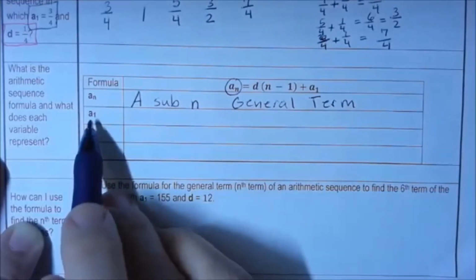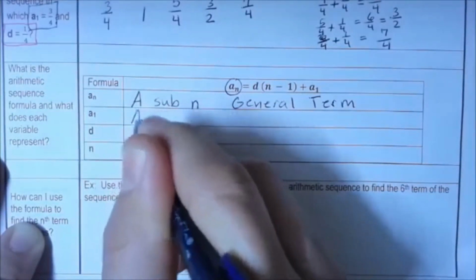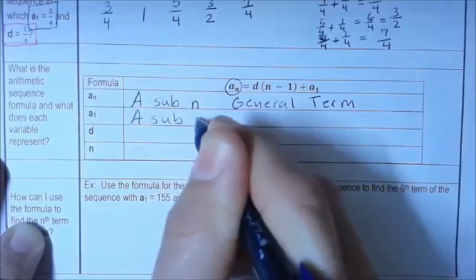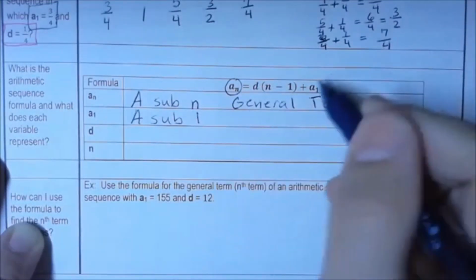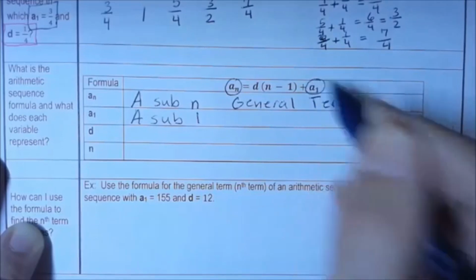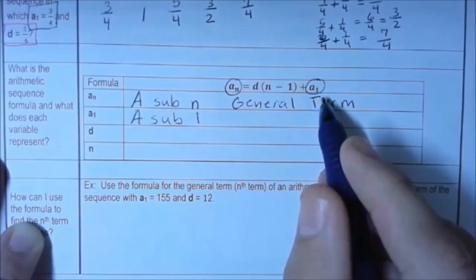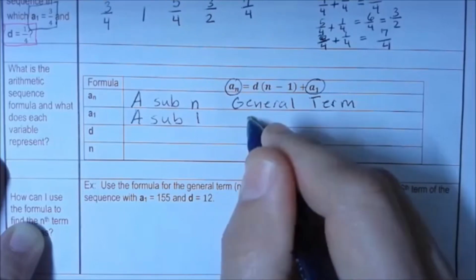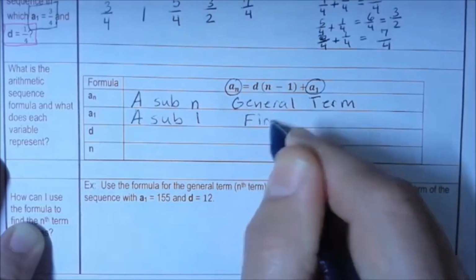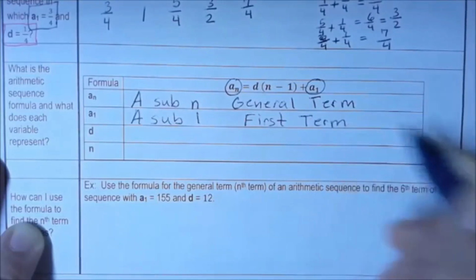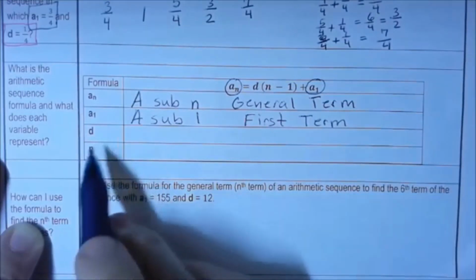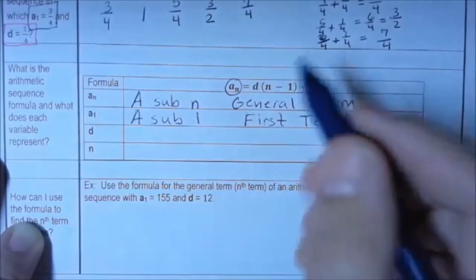Now this other one, the way we say this is a sub 1. And a sub 1 is this term right at the end that we're adding. And when we talk about a sub 1, it represents the first term in the sequence. Then we have this d. We've already talked about it a little bit.